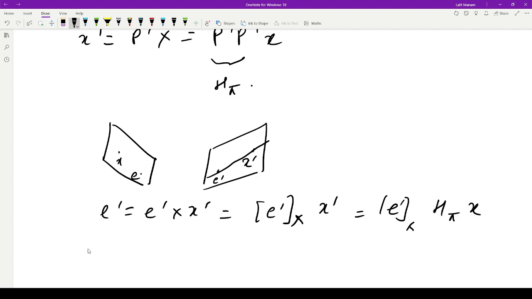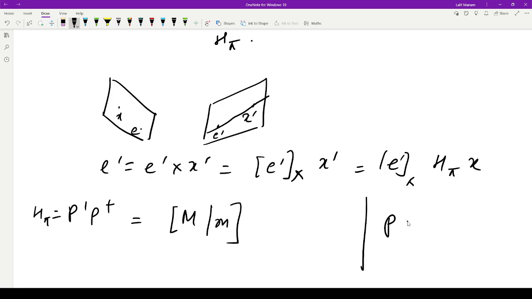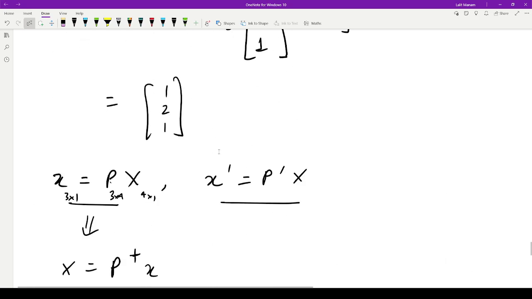Given this, we'll just try to solve it for our specific case. P prime times P pseudo inverse. What is P prime in general? If we take it in this form, and P pseudo inverse is some other form, but let's consider P as the canonical one. For our question, it holds, right?